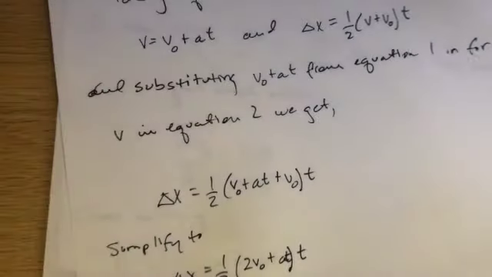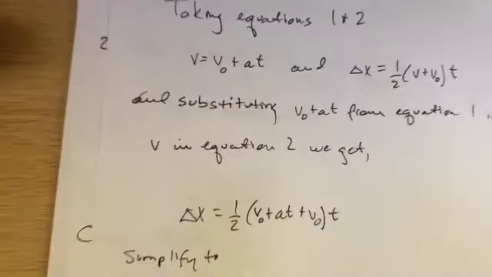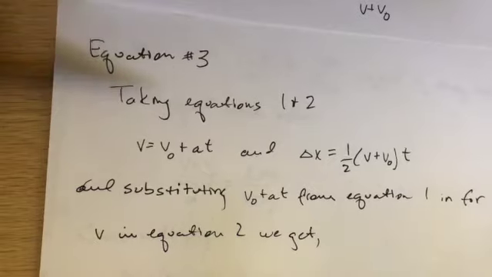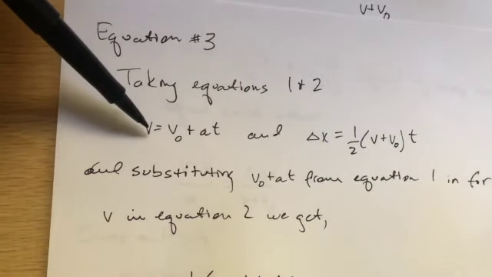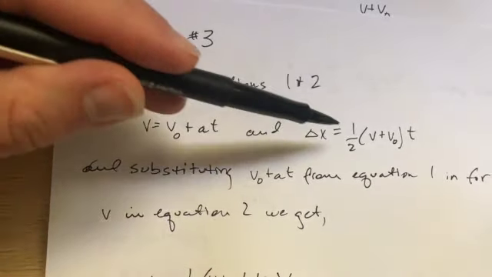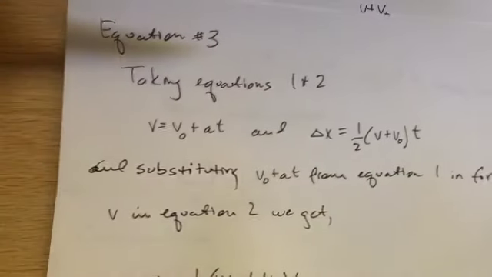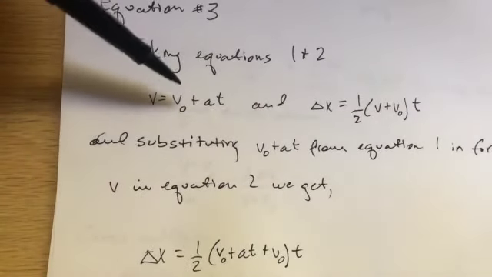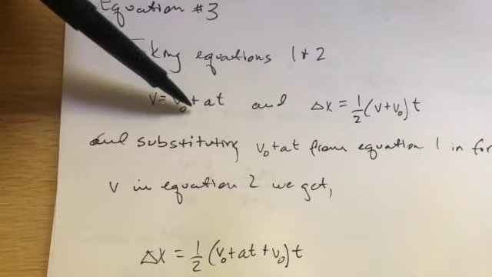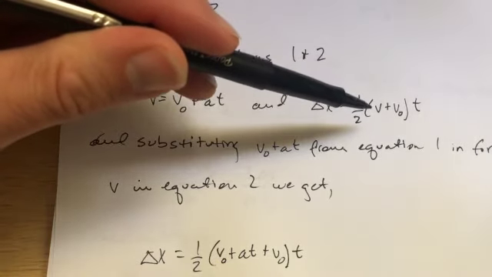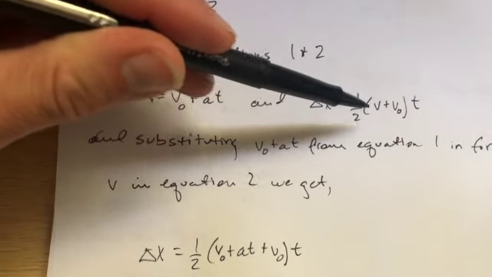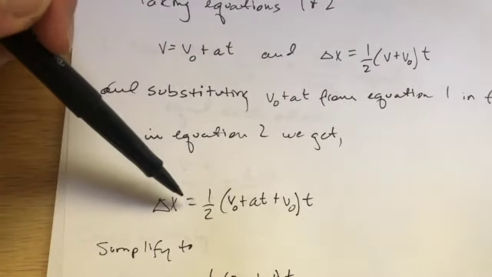All right, equation number 3. Okay, where does that come from? So let's take equations number 1 and 2. V equals V naught plus AT, and delta x equals 1/2 V plus V naught times t. All right, so if I take this V naught plus AT and I substitute it in just for that V right there, I get this.